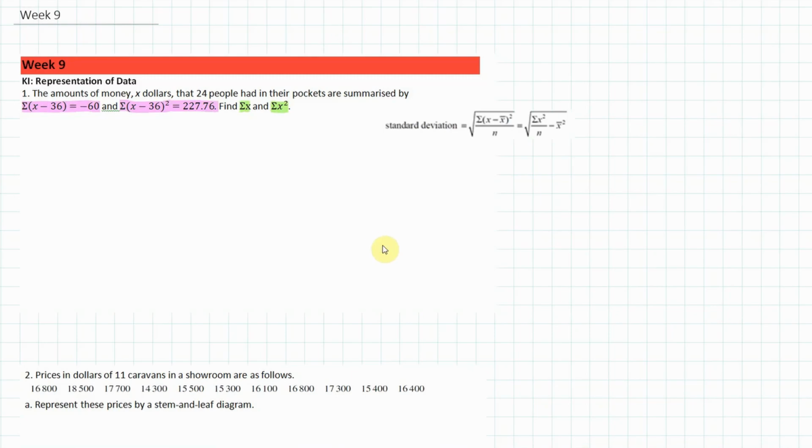Okay, well, the first thing I'm going to do here is use the fact that the sum of X take away 36 is equal to 60.